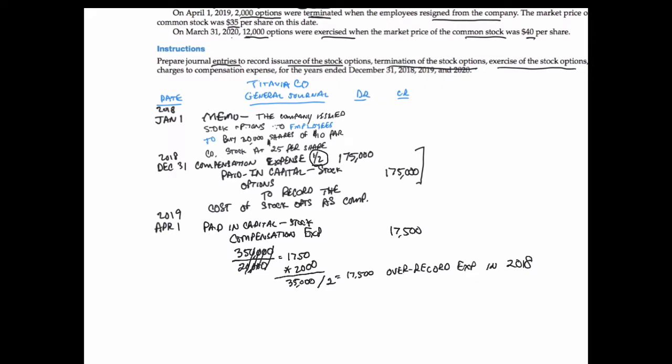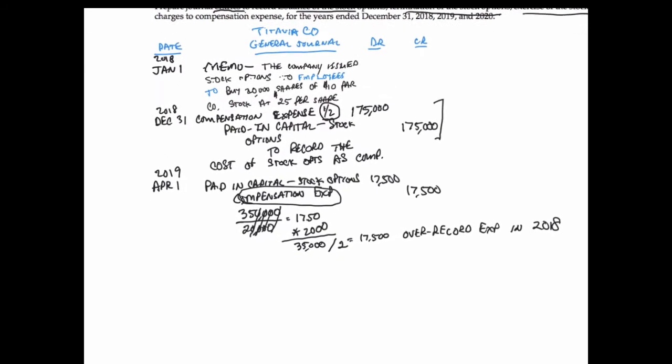Now, if we should have known that those people were leaving the firm, say we find out that they had resigned in 2018 but we didn't record it until 2019, then a credit to compensation expense in 2019 would be wrong. It would have to be credited to retained earnings, and that would be a restatement, and we would probably get sued.